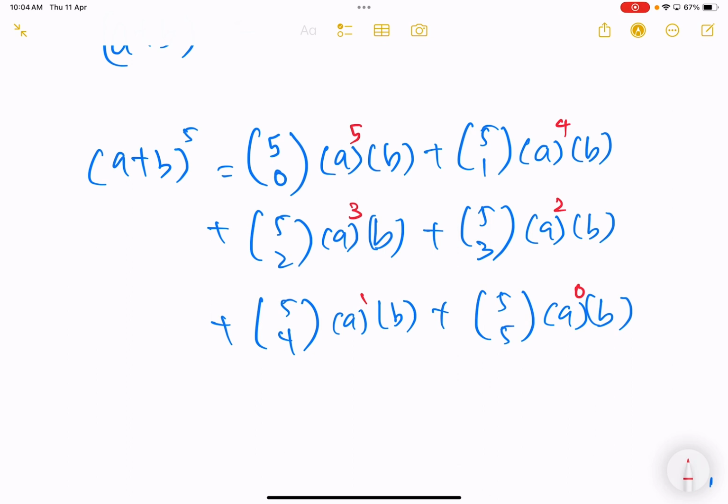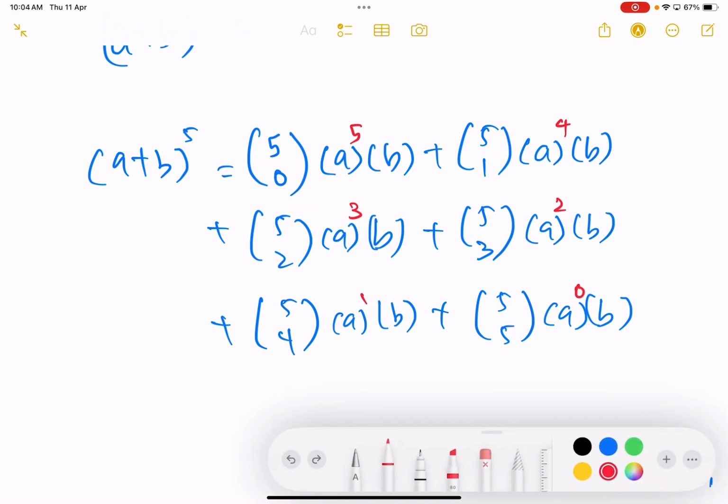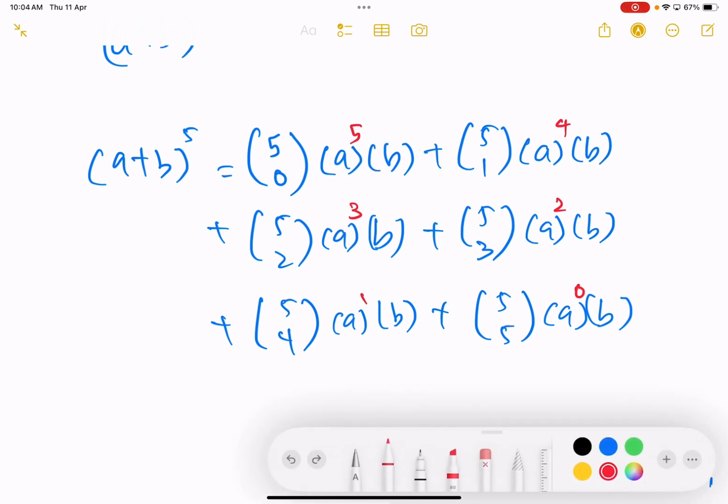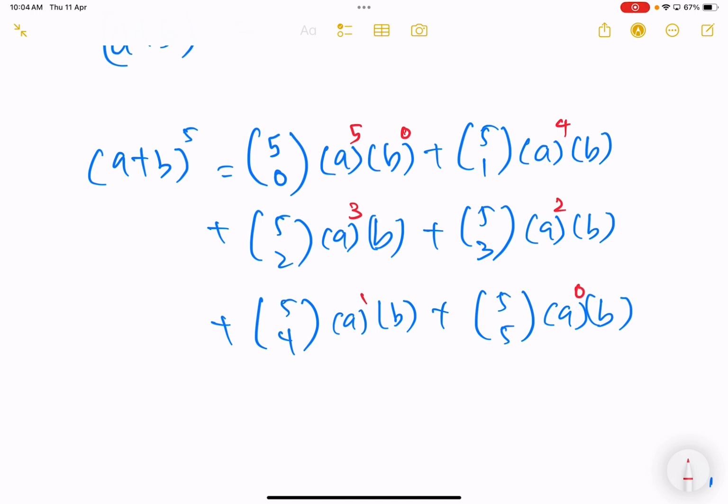Okay? So binomial theorem is very simple. You just have to know the first term. The rest you just follow the pattern. How about the B term? The B term will just follow whatever is here. So this is to the power of 0. Then you can increment it 1, 2, 3, 4, 5. So if you actually notice a pattern, you don't have to memorize too much.